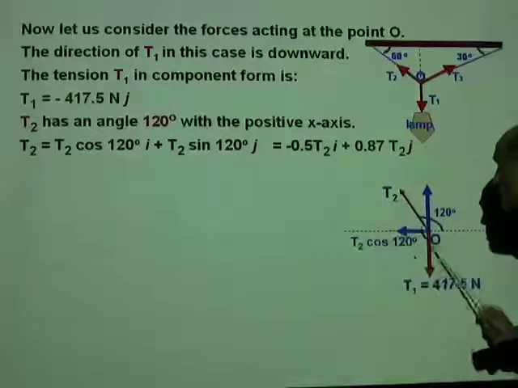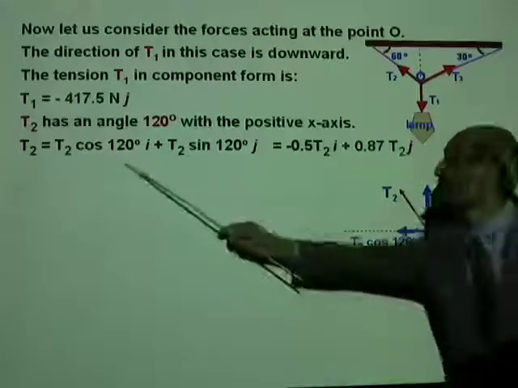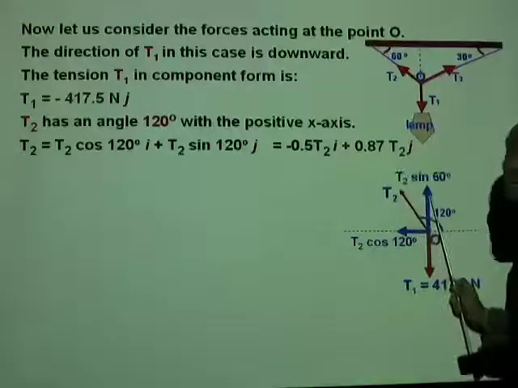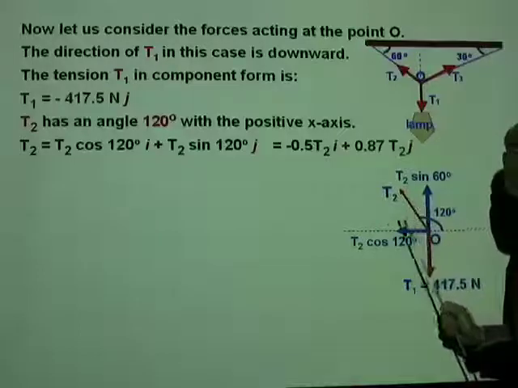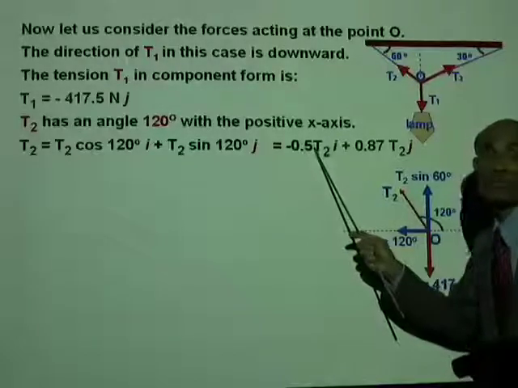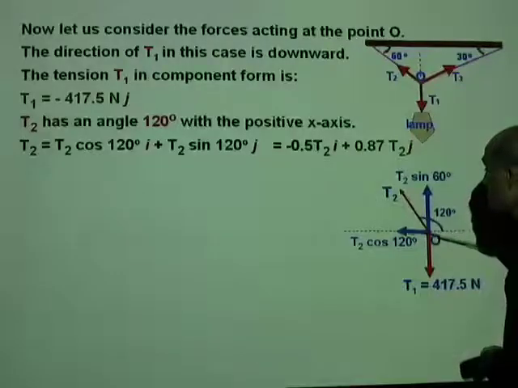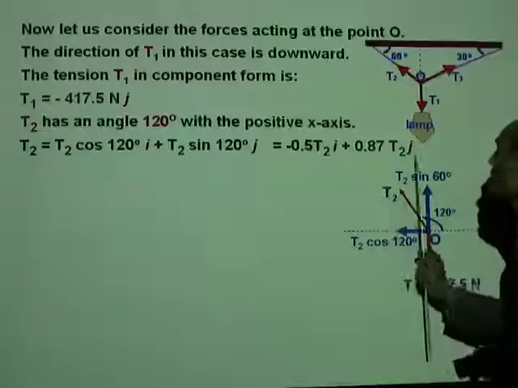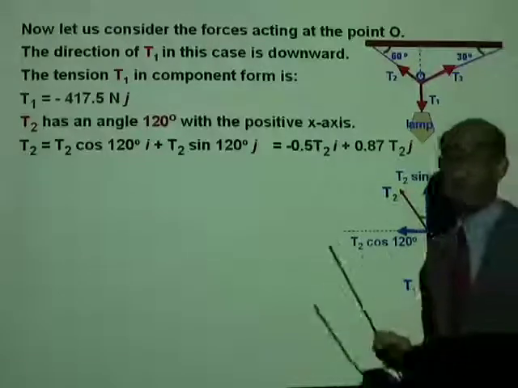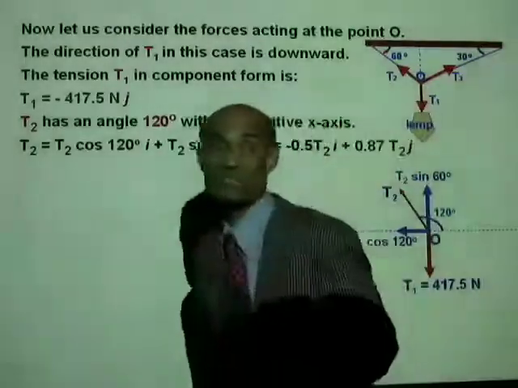So this is T2 cos 120 degrees, the x component. And T2 sine 60 degrees is the y component, which has this value. Negative 0.5 T2, that is this vector, plus 0.87 T2, that is this vector. Alright, we finished with T2.